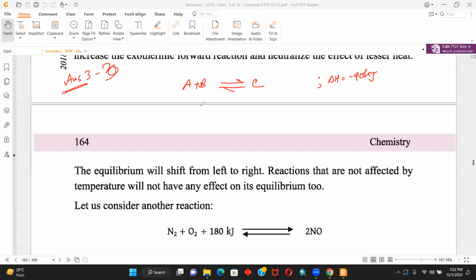So, again, if I come back to the reactions, if I am adding heat, the effect of it will be neutralized by absorbing the heat.